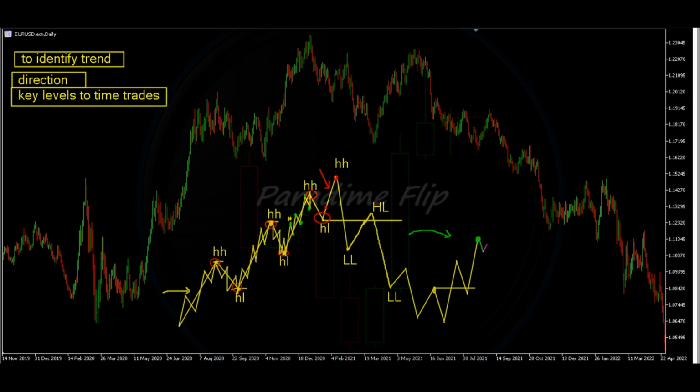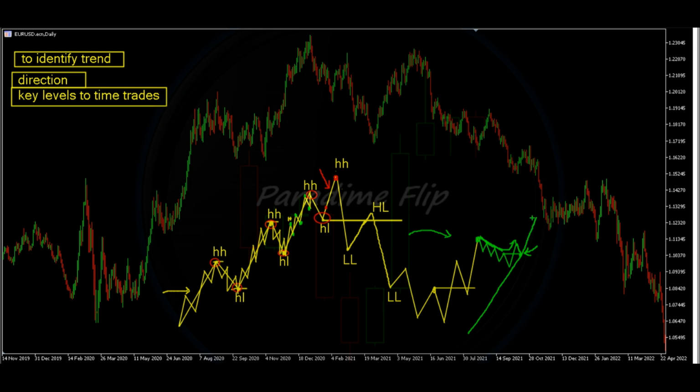If you go on a lower time frame and you are monitoring the minor trend, or the micro trend, of lower lows and lower highs, you are going to wait or use this to time the uptrend continuing, because once we get a break of structure on this micro time frame and we wait for a higher low on a lower time frame, we can assume that this lower time frame trend has now turned up, and we can trade this lower time frame trend in the direction of the larger trend.